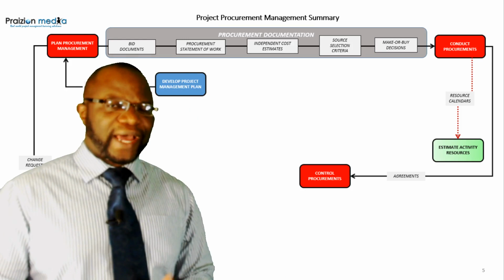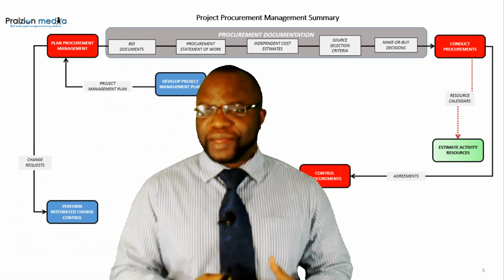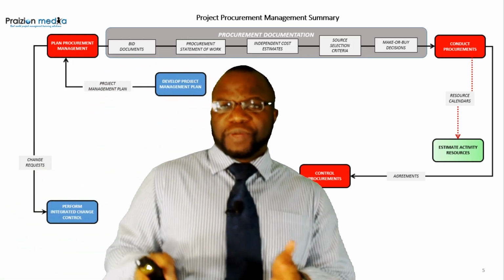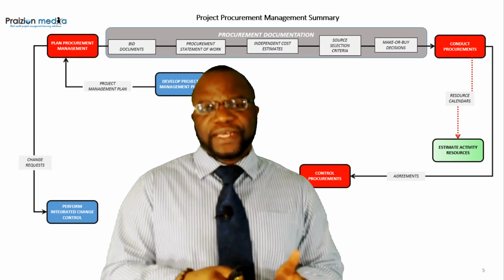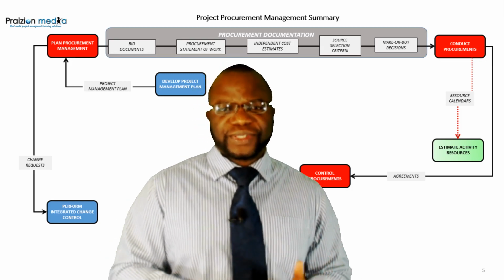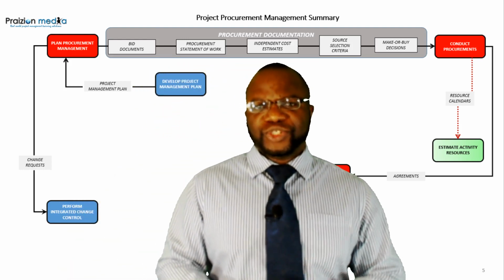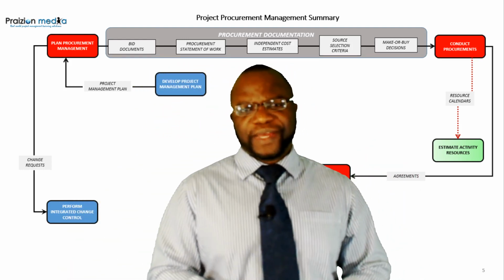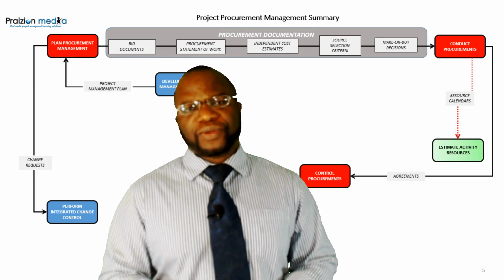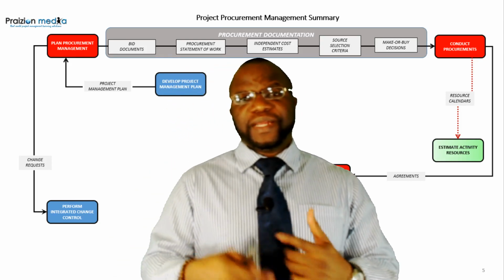It's resource calendars. Resource calendars are talked about in a few places, but the place we see this first is estimate activity resources. Someone said, Phil, why are resource calendars shown as going in to estimate activity resources a few days ago? And I said, you've got to remember, it's an iterative thing.